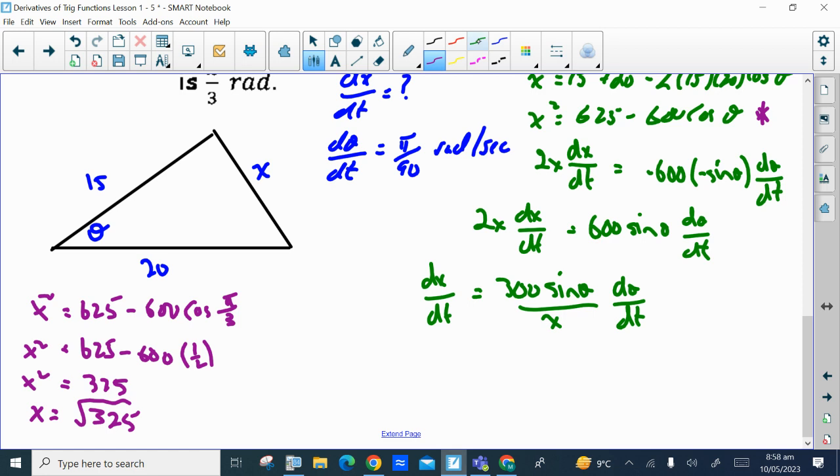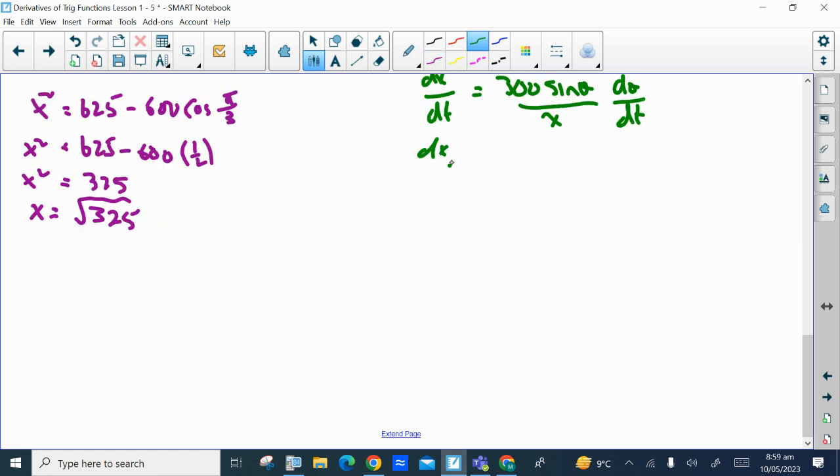Now we can find dx by dt. It's 300 times the sine of theta, and again theta is pi on 3, over the root of 325, times d theta by dt, which is pi over 90 radians per second.